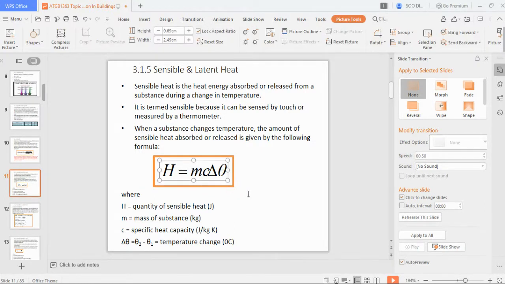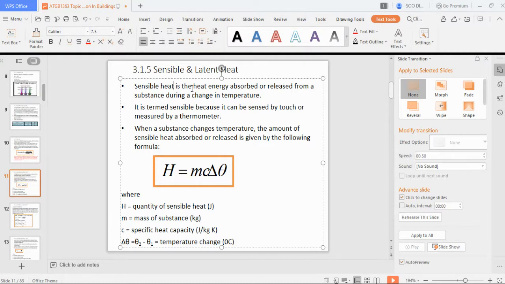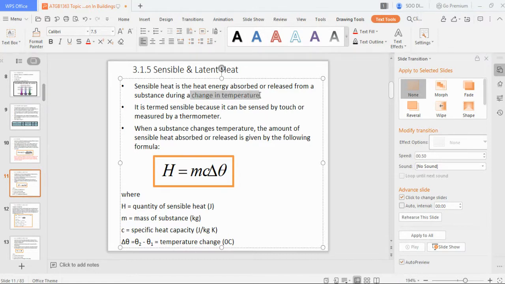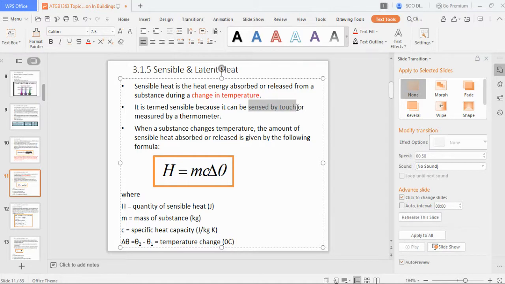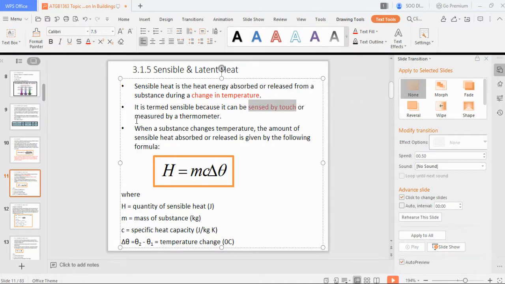So a sensible heat can be obtained through this formula. Remember, a sensible heat is changes in temperature. You can sense and touch it.